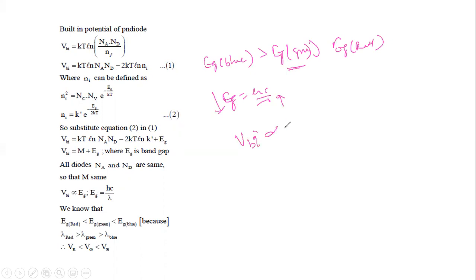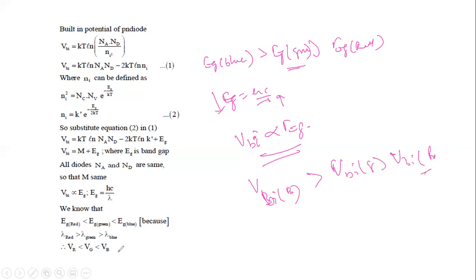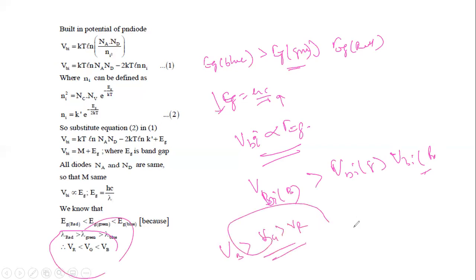VBI is directly proportional to Eg. So that's why VBI for blue is greater than VBI for green, greater than VBI for red. So this is your right option: VB greater than VG greater than VR.